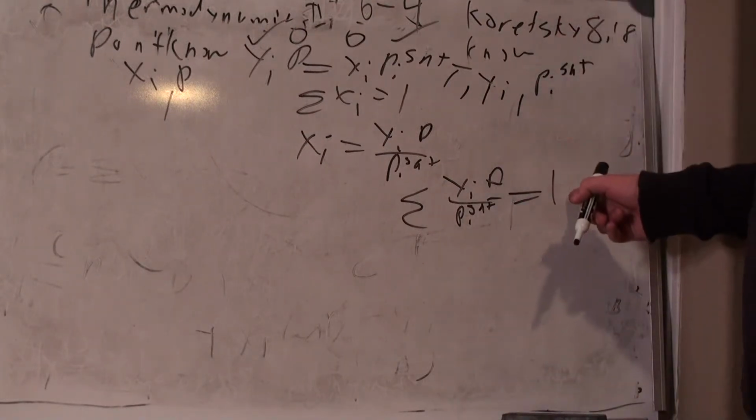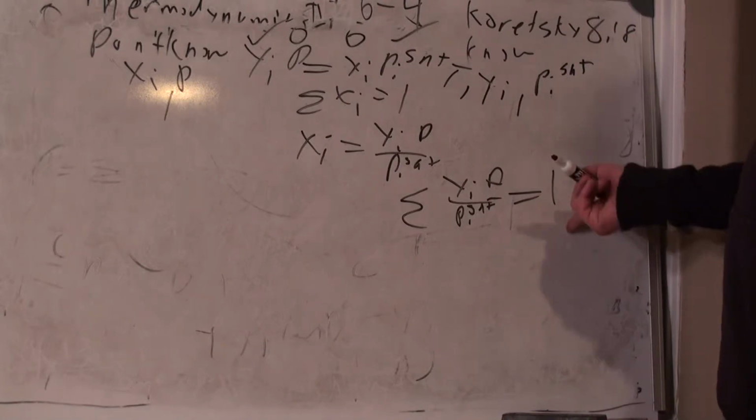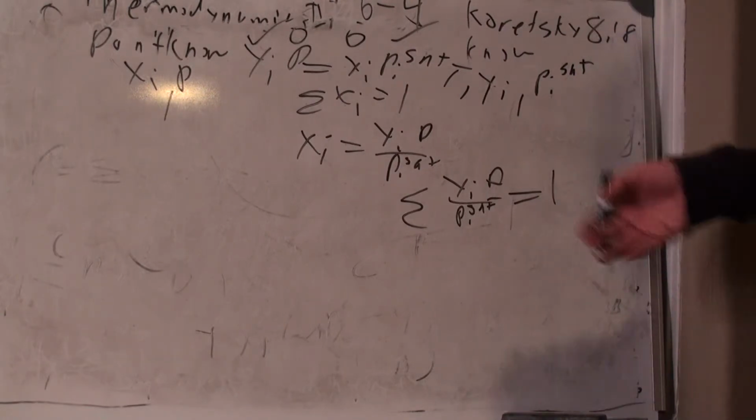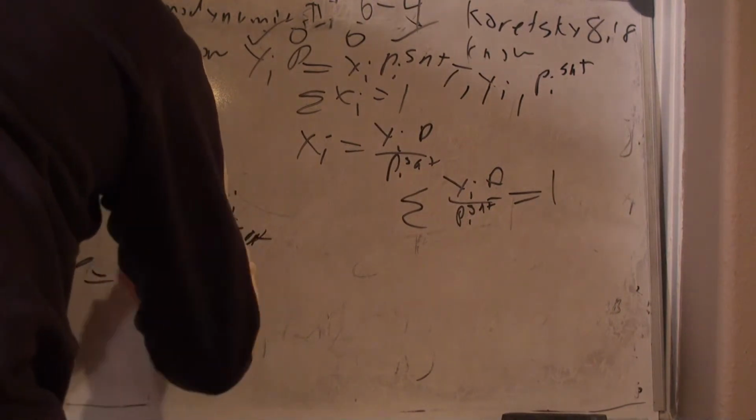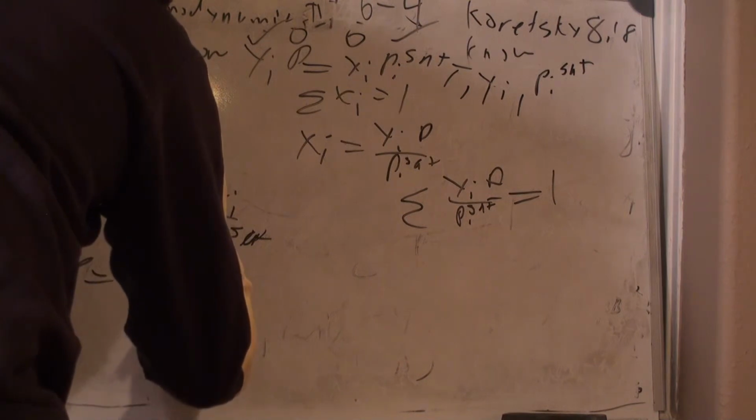Do I know or have a value for 1? Yeah, it's 1. Okay, so I can rearrange this to be 1 over P is equal to the summation of yi over Pi sat, or P is equal to 1 over the summation of yi over Pi sat.